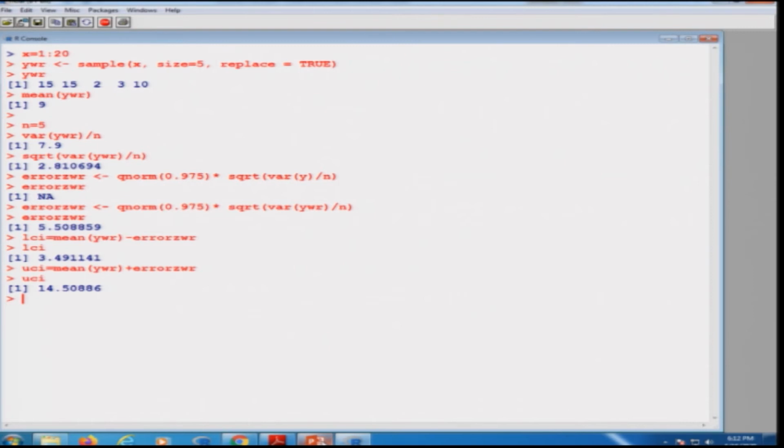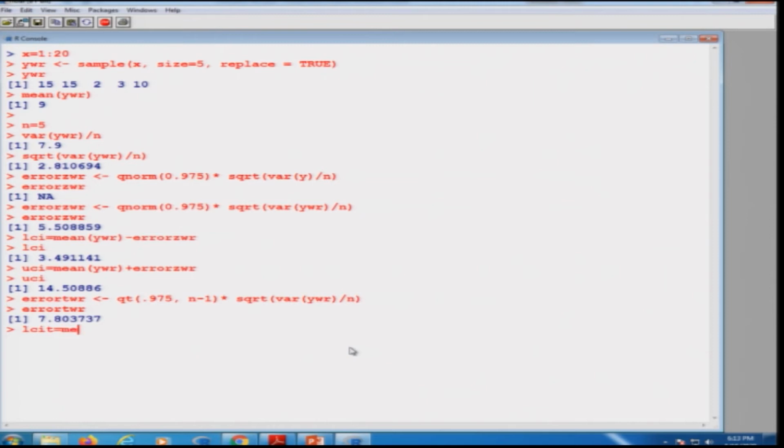And now, similarly, if you want to find out the confidence interval using the t distribution here when sigma square is unknown, the error TWR is obtained by this command. So, you can see its value is like this, and if you want to find out the lower limit, let us call it LCIT, lower confidence interval with t distribution.